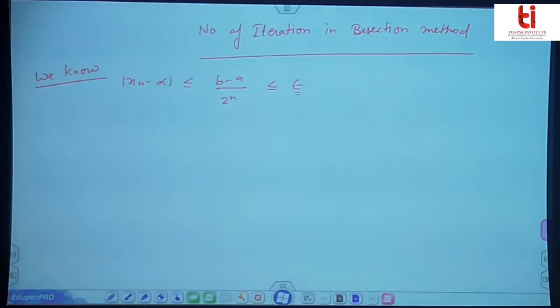Then epsilon is what? We want our result xn accurate to n decimal places. So in that case, whenever |xn plus 1 minus xn| is less than epsilon, then we can stop our iteration, as we have done in the previous class.